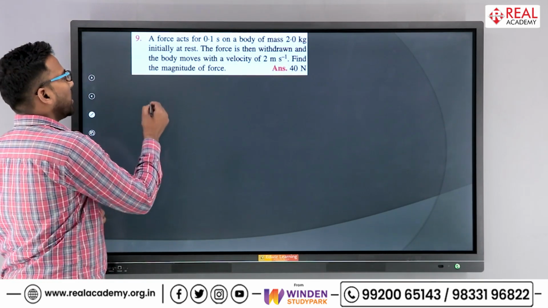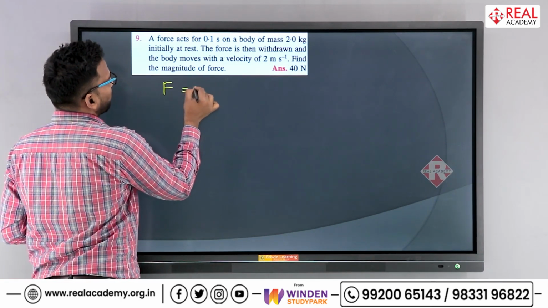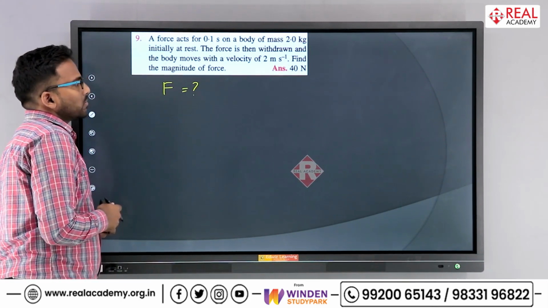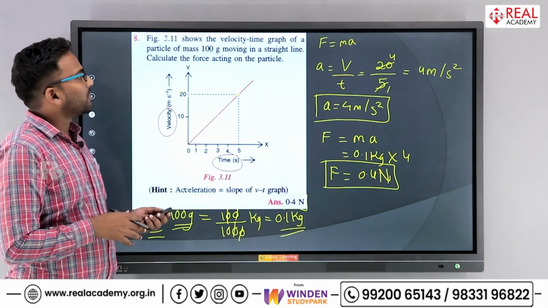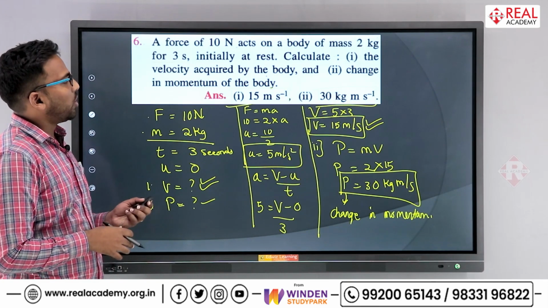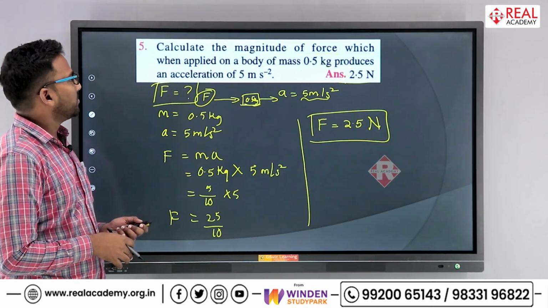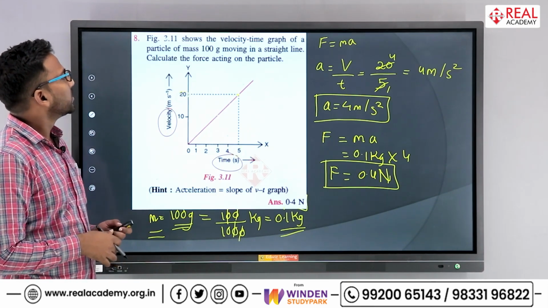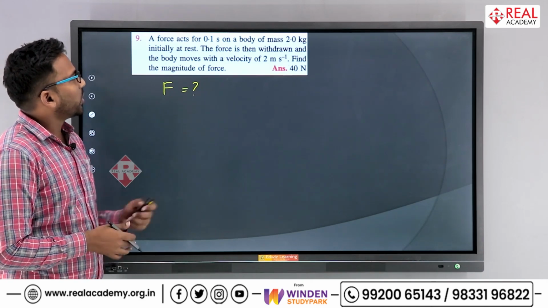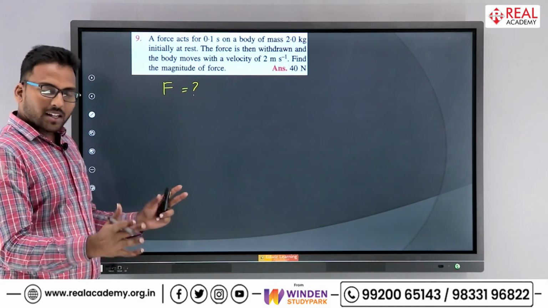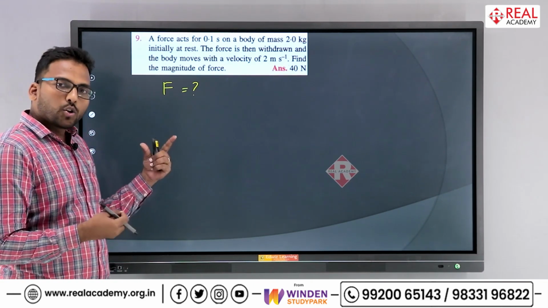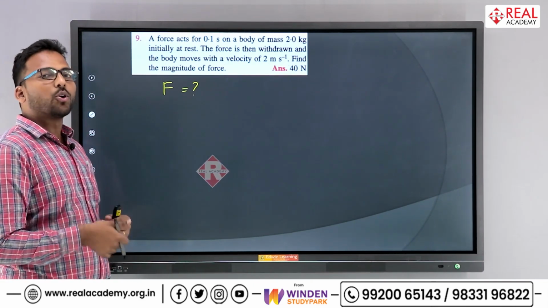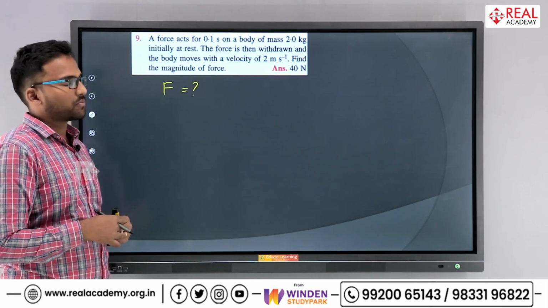They are asking us to find the magnitude of force. Can you people try this? It's just like the questions we have done on Newton's second law. Try this one. First, understand the question. Second, extract the data. Third, use the appropriate formula. And fourth, calculation.